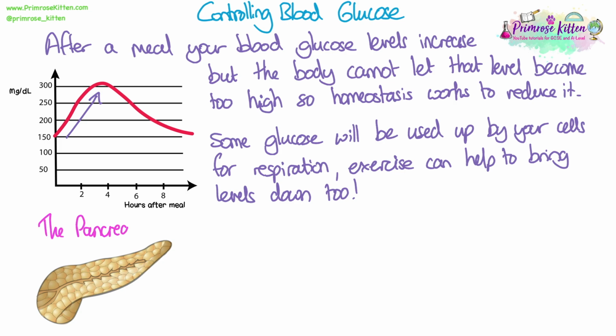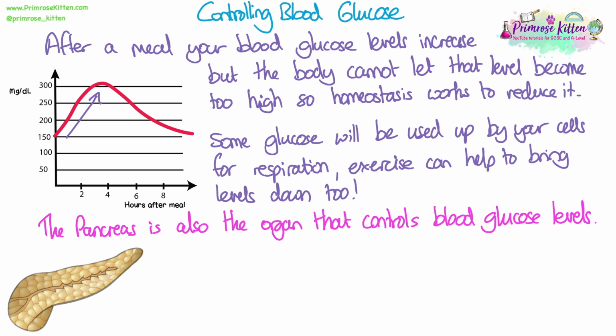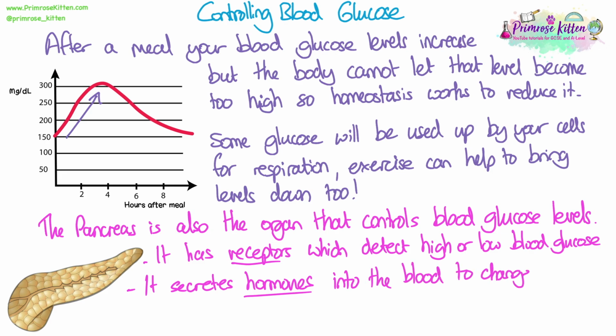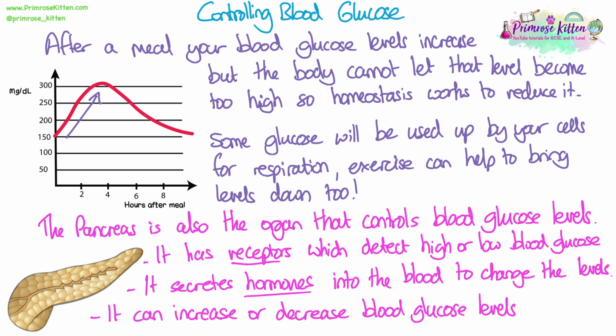So if you did exercise right after eating, that would help to bring the levels down as well. The pancreas is the organ that controls blood glucose levels. It has receptors which detect high or low blood glucose, and it secretes hormones into the blood to change the levels. It can increase or decrease blood glucose levels.